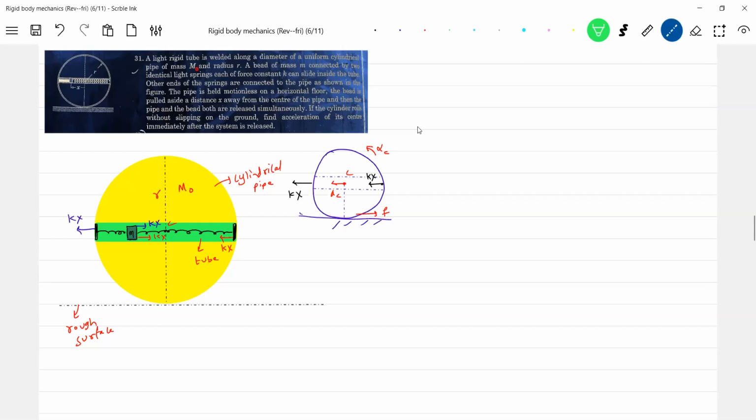Okay, now the moment I release it, what are the forces that will be acting? The weight of this also will act. That of the particle.